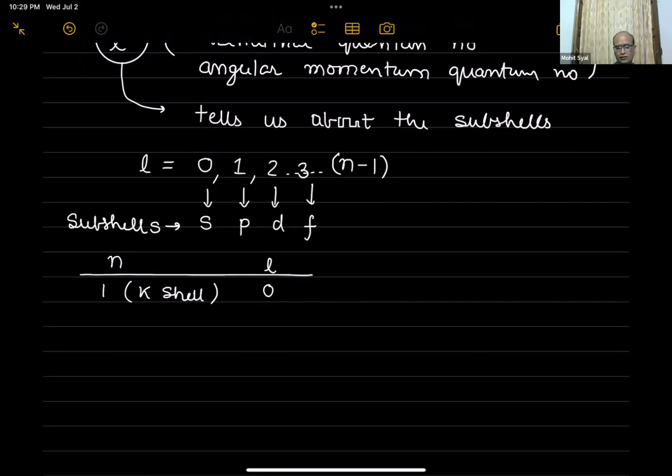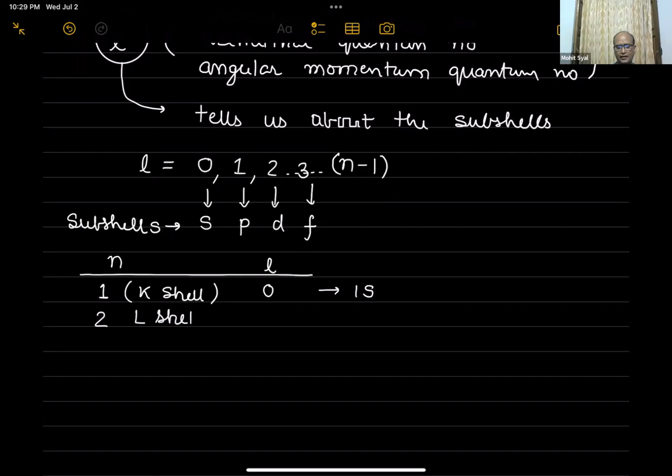We just have to subtract one from the shell number, right? So n minus 1 is 0. So the first shell has just one subshell, and that is represented by 1s. Let's move on to the second shell, L shell.